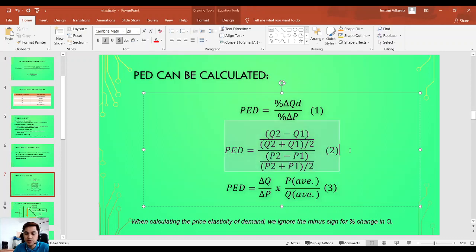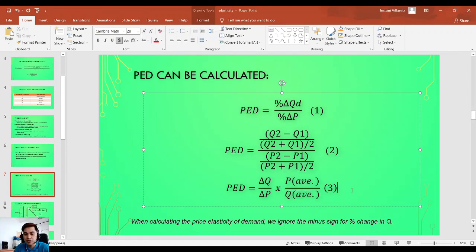And from the equation number 2, we can also formulate our equation number 3. Since the Q2 minus Q1 is just the change in Q, P2 minus P1 is the change in P, and then multiply it, the P average, which is getting P2 plus P1 divided by 2, over Q average, or Q2 plus Q1 over 2.